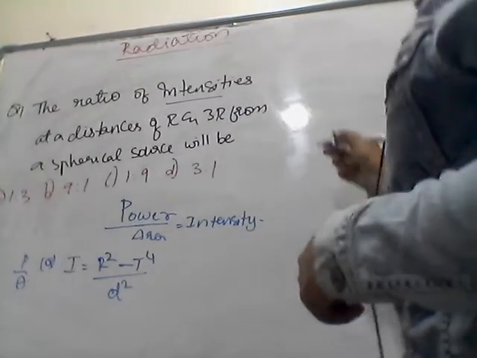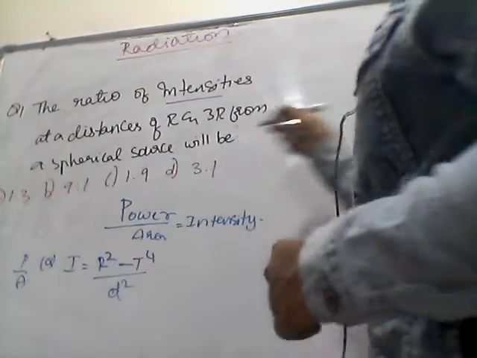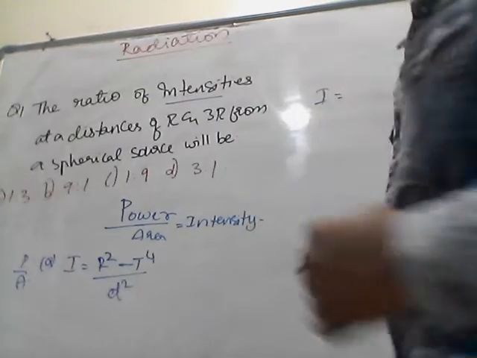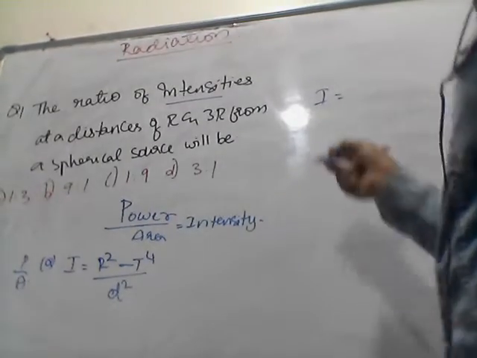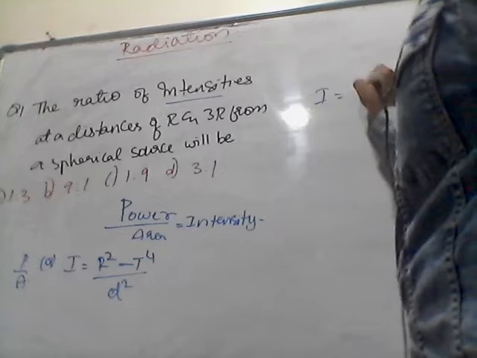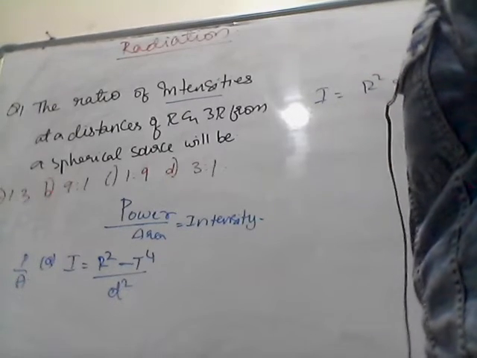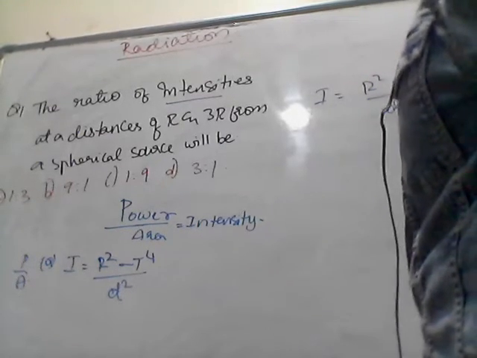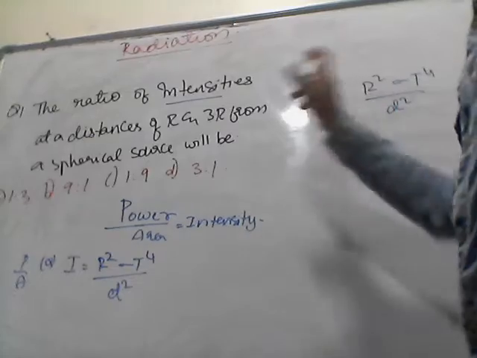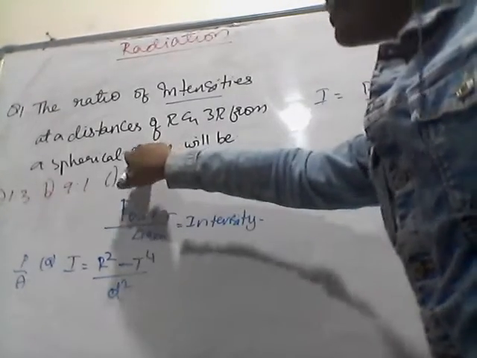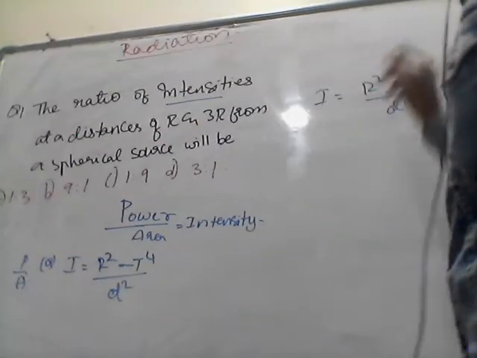Now, for this spherical source, I is equal to r square sigma T power 4 by d square. As it's a spherical source, I can imagine that temperature is constant.